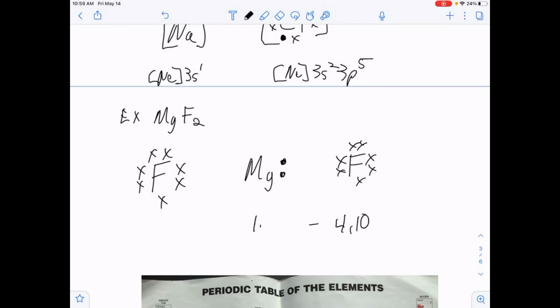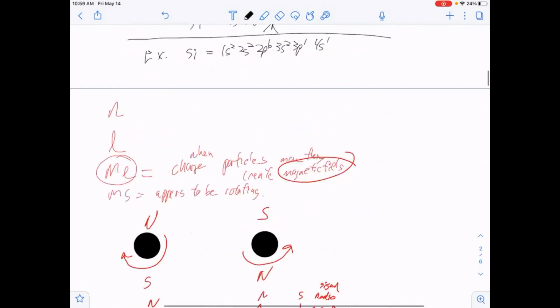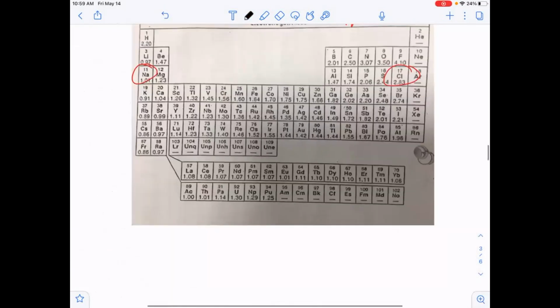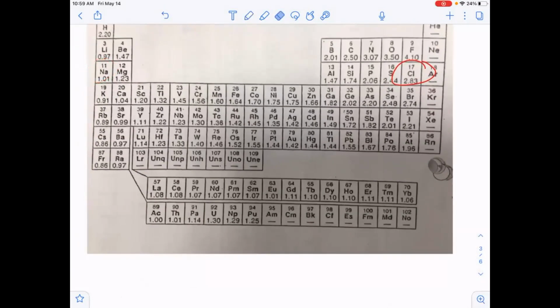I take the difference between the 2. Where did I get those numbers from? You've got to go back to Appendix O. Oh, I got magnesium wrong. Sorry. Magnesium is 1.23. Fluorine is 4.10.